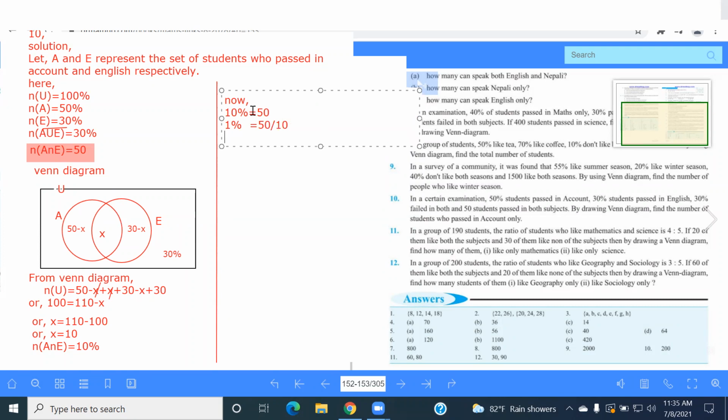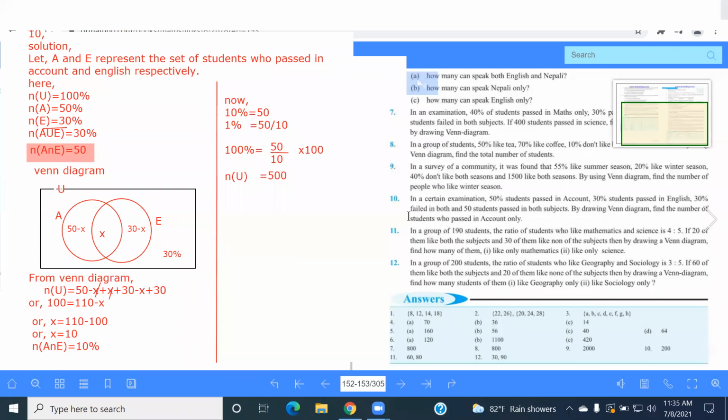And we have to find the total number of students, which is 100%, so 50 divided by 10 into 100. Now let's solve it. It will be 500. It means altogether there were 500 students.